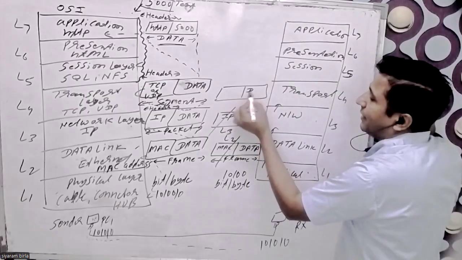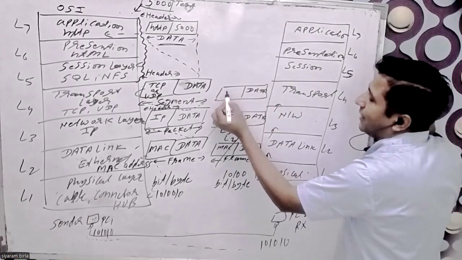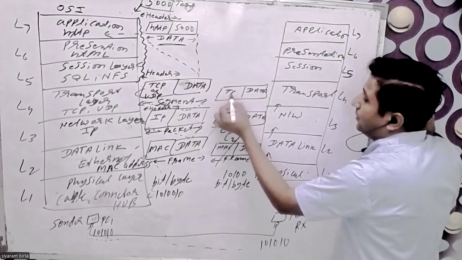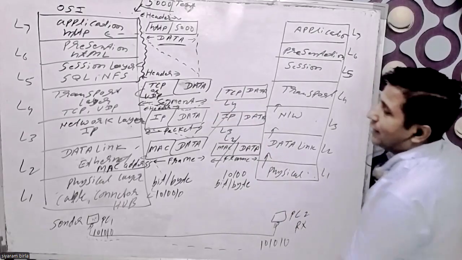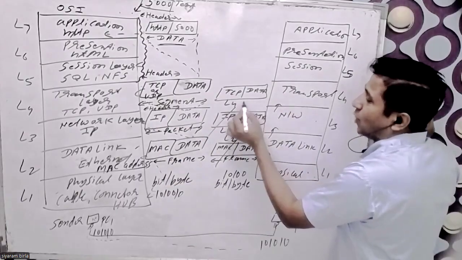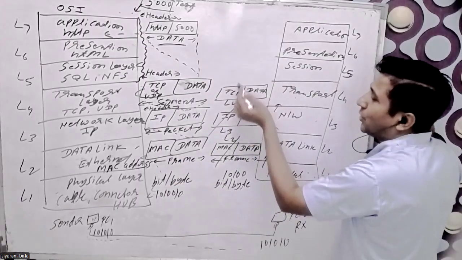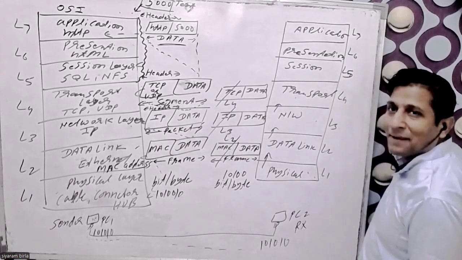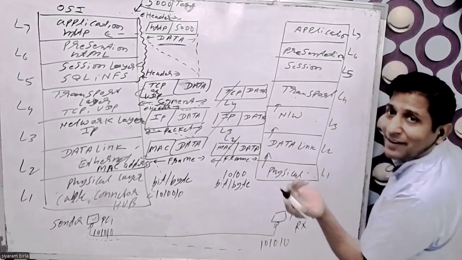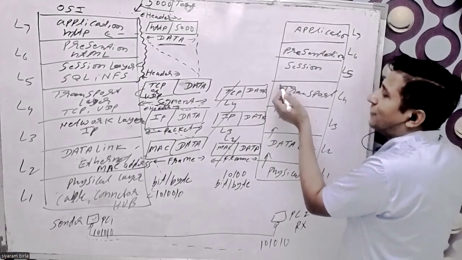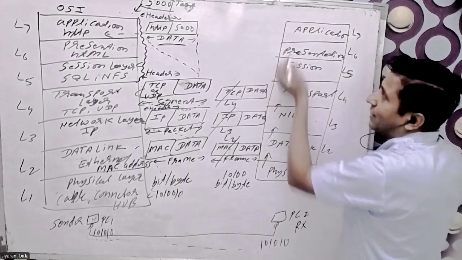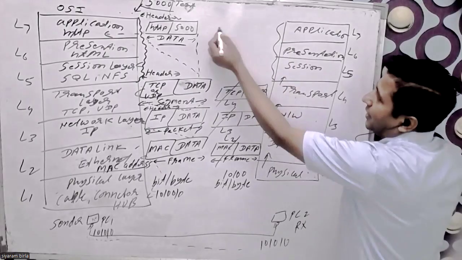Here is my actual data, and here are the TCP UDP headers at layer 4. This is called the segment. So the transport layer removes the layer 4 header, because it can see the segment only, not beyond that.